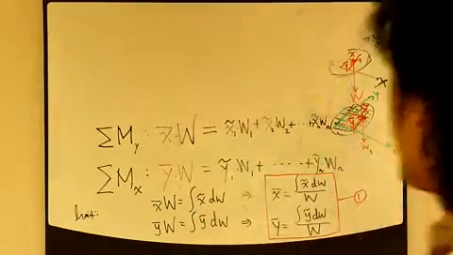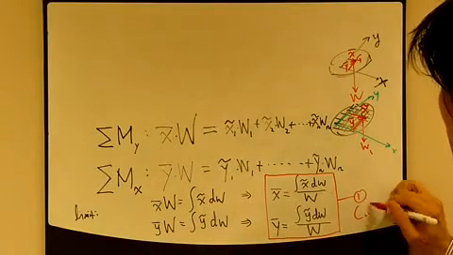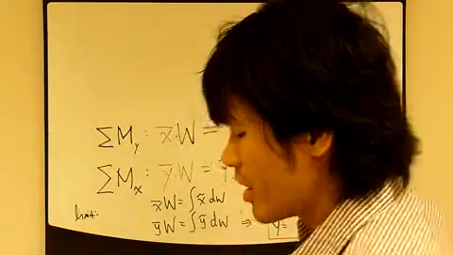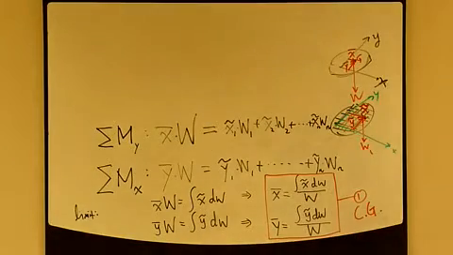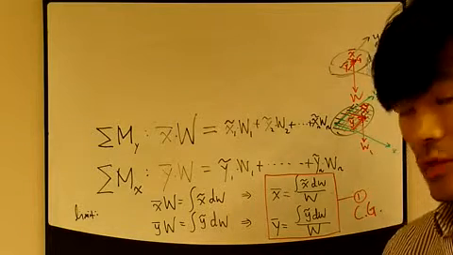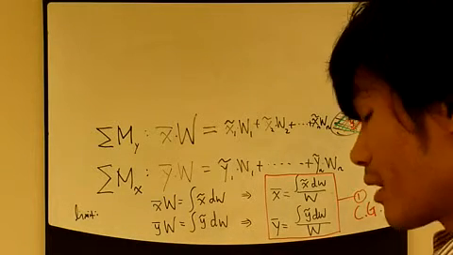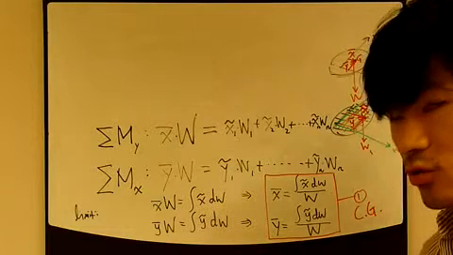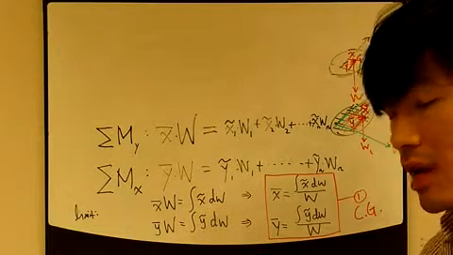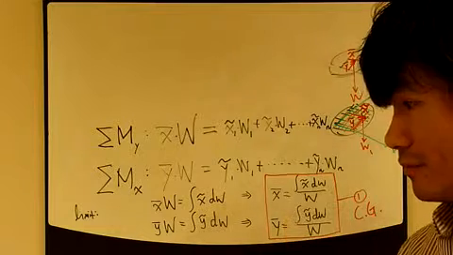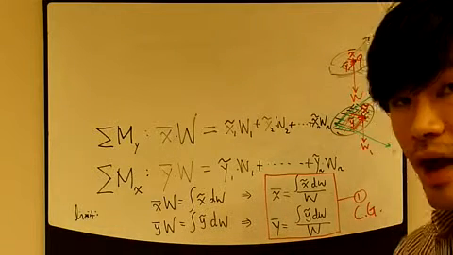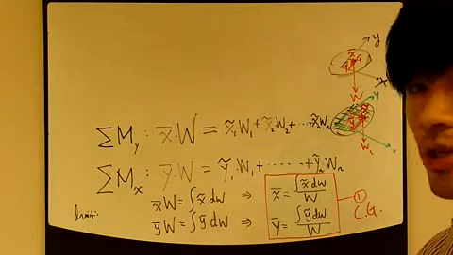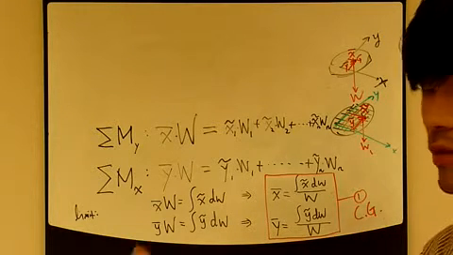Okay. So this is center of gravity. What about centroids? Are they the same? Well, they are the same. Centroid and center of gravity are exactly the same point if this rigid body is made out of the same homogeneous material everywhere.